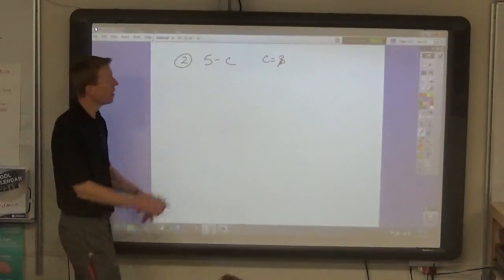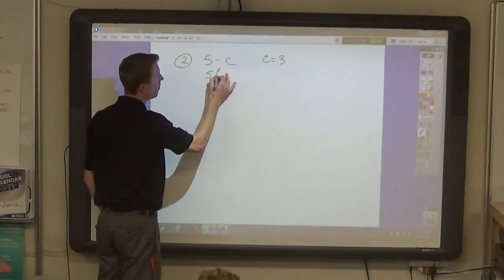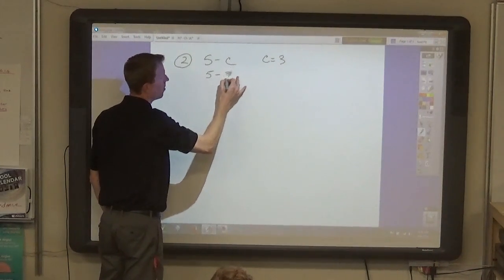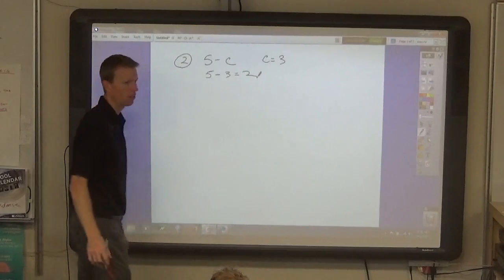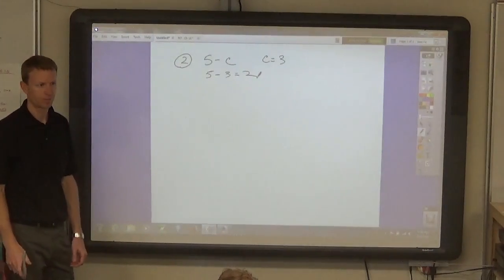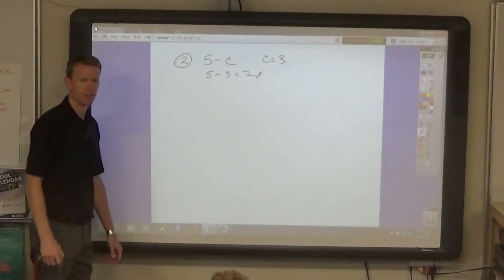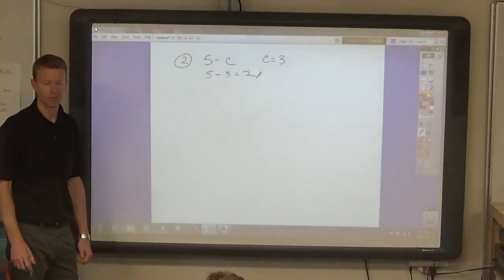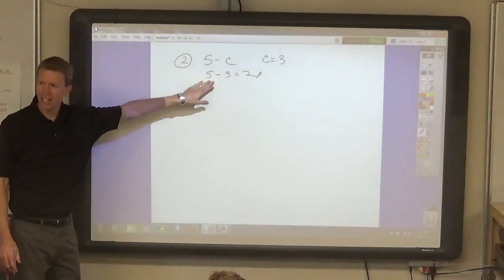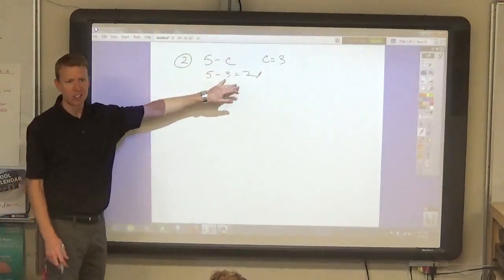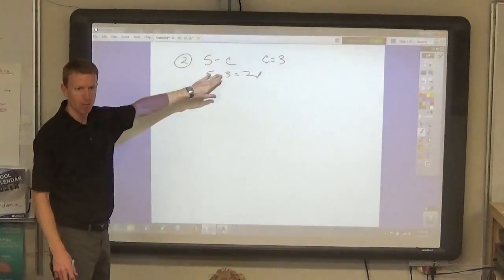So, right underneath that, write 5 minus 3 equals 2. Okay. Now, this doesn't have any multiplication in it, so you don't need parentheses when you're not talking about multiplication.